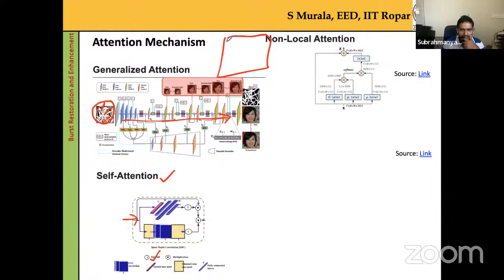If we collect, let's say, this pixel correlated with all pixels of the remaining image, if I get some correlation, then I am able to understand how the data got distributed in this image. So this is the actual motivation in non-local attention. It works like a correlation, one pixel with another, or one row with all other rows. Similarly, like that, it is collecting.